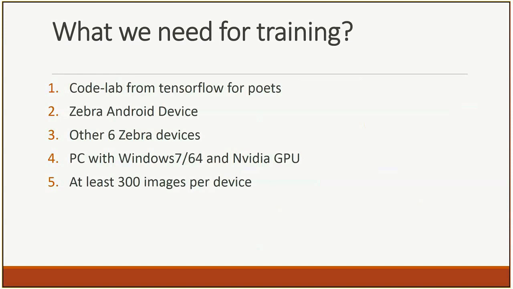the Android device. I use a Zebra TC51. Also, we are going to need 6 other devices, which will be the objects. They should have a bit different form factor, and we also will need the PC for training. And a very, very important thing here is the input data for our model. You will also need at least 300 images per device.